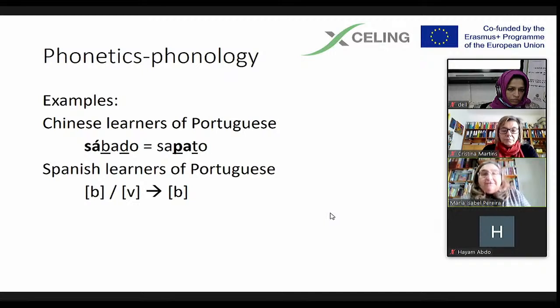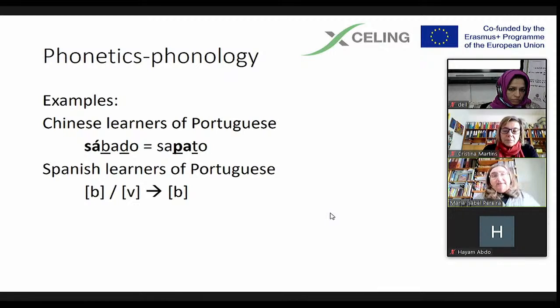We have a wider vocalic system than Spanish, and they usually have difficulties in distinguishing between a, e, o, because those distinctions don't exist in Spanish.